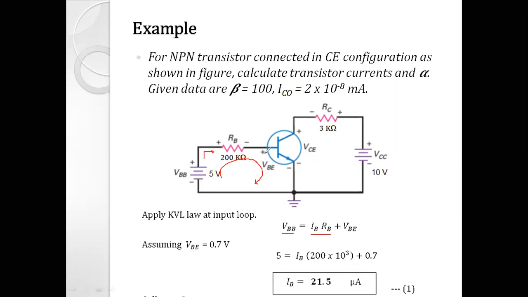Going from positive to negative, it should be minus VBE. So the equation would be VBB minus IB RB minus VBE equal to 0.